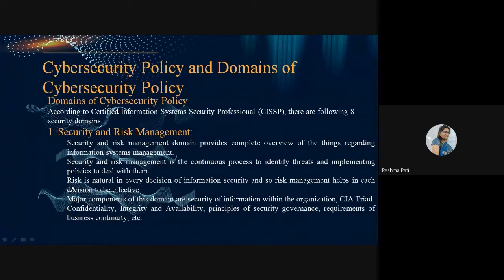Then risk is natural in every decision of information security, and so risk management helps each decision to be effective. This is a natural thing. We cannot say that we are 100% secure. A risk is always there. If you are thinking about a new business, a risk will be there.